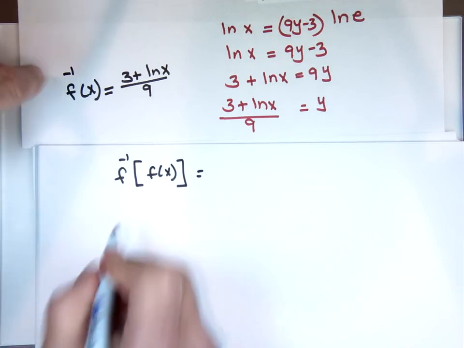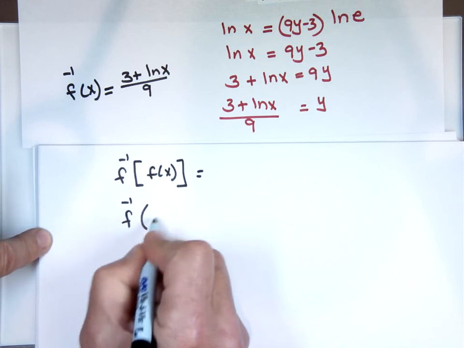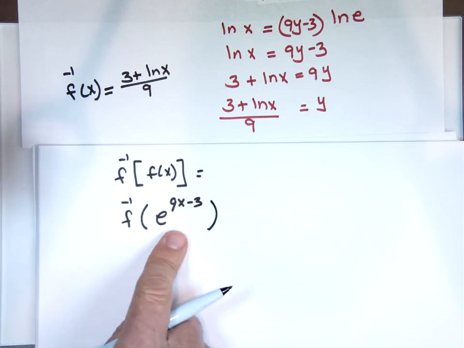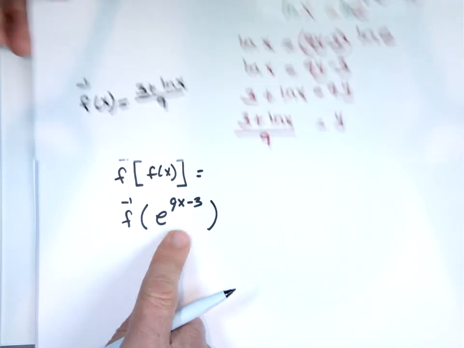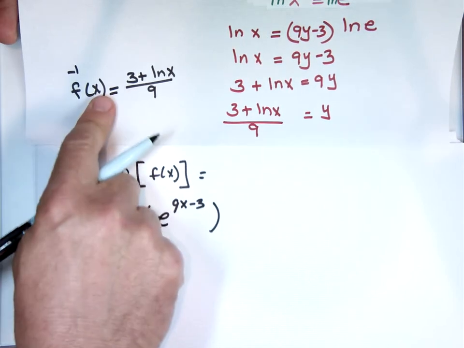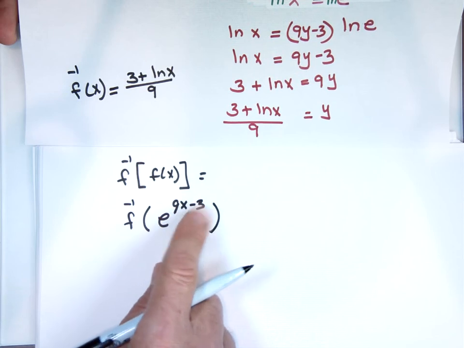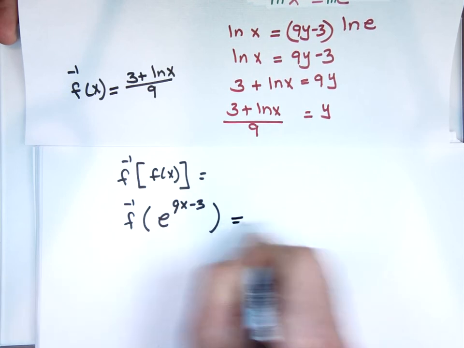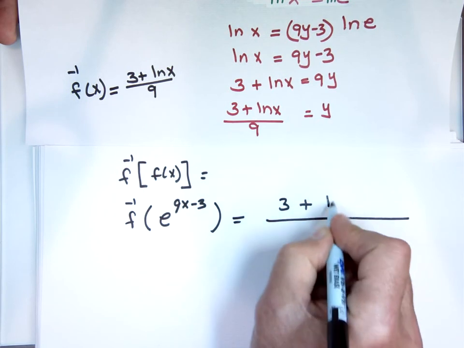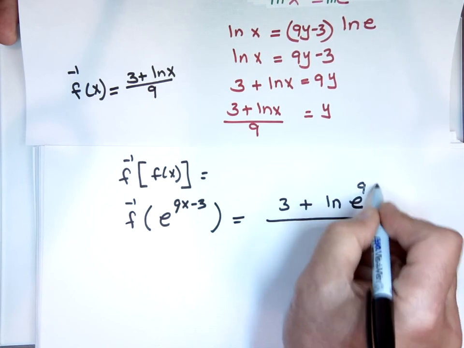Let's replace f of x by its value, which is e to the 9x minus 3. Go to the inverse function now, and every time you see x, you take it out and put e to the 9x minus 3.